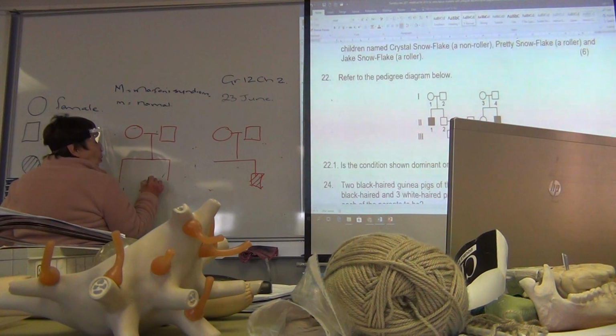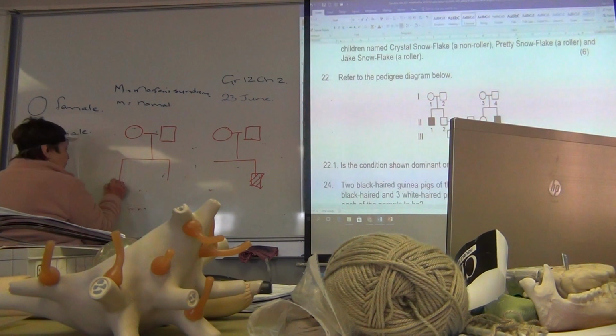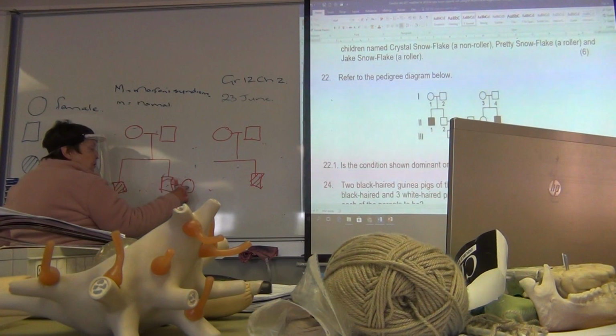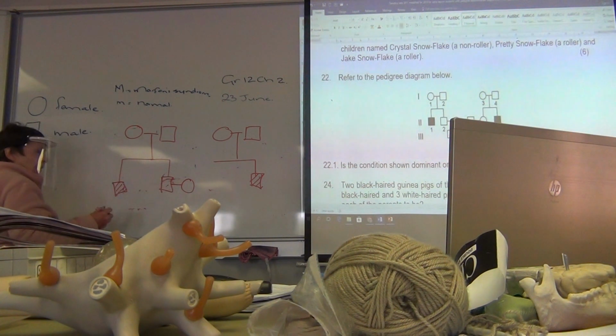How many children did couple 1 and 2 have? Couple 1 and 2, they had 2 children. Okay, you happy with that? Because that child married someone. This is not the child. It's just somebody who married into the family.